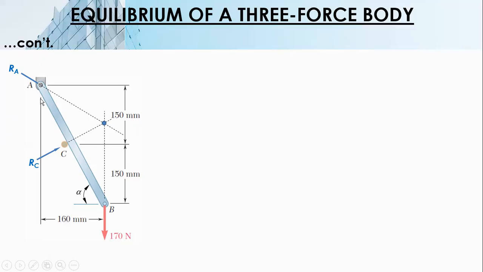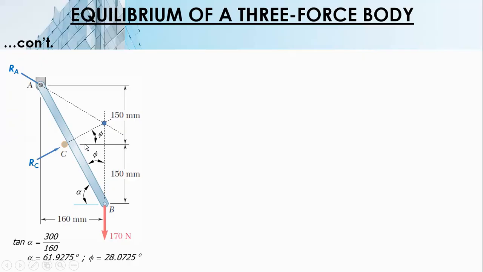We can solve for alpha. This is 300 and 160. So, tangent alpha is 300 over 160, which is 61.9275. Our phi is actually 90 minus alpha. So, 90 minus 61.9275 is 28.0725.